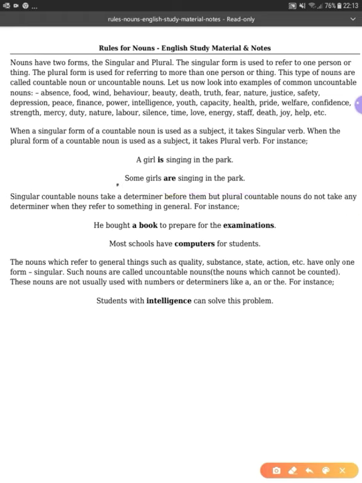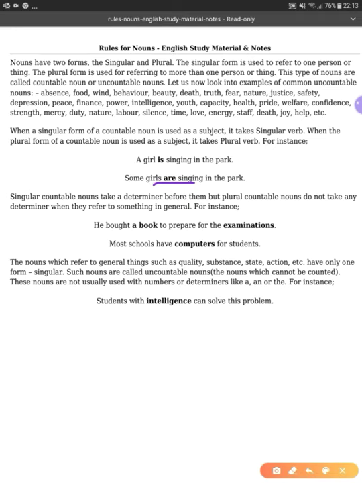Some girls is here a plural countable noun. So therefore it is taking a plural verb, and that is it is taking "are" with the plural countable nouns.